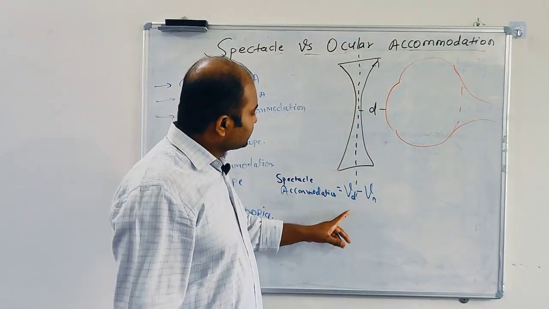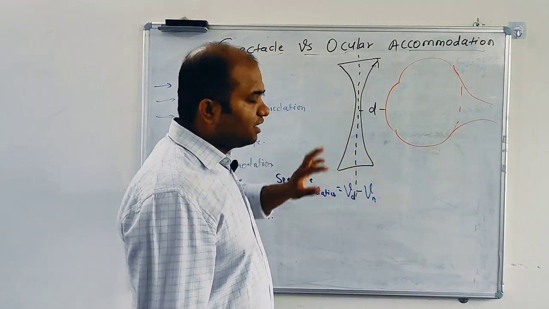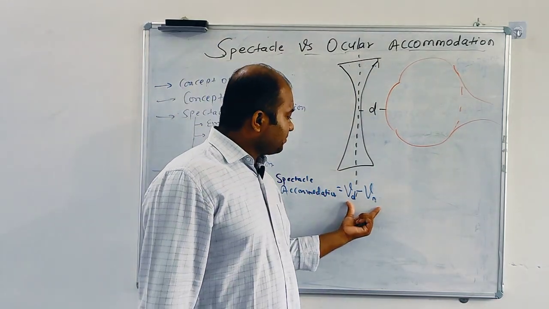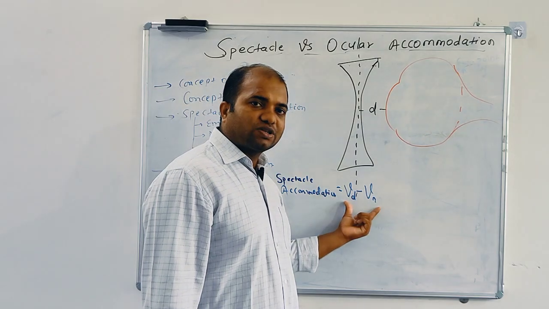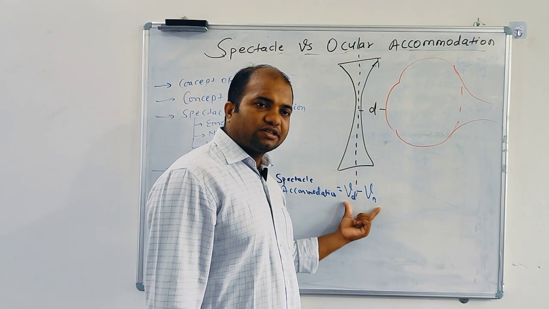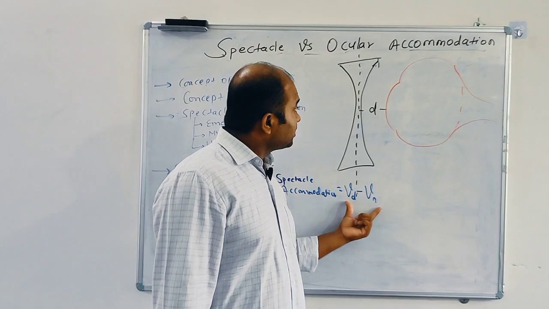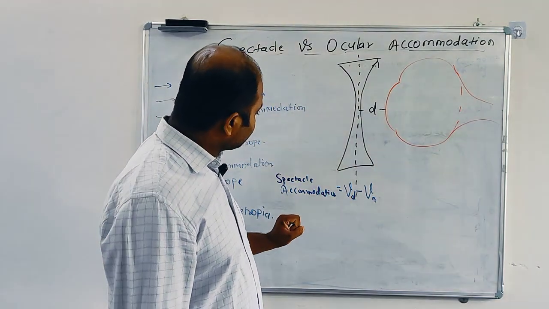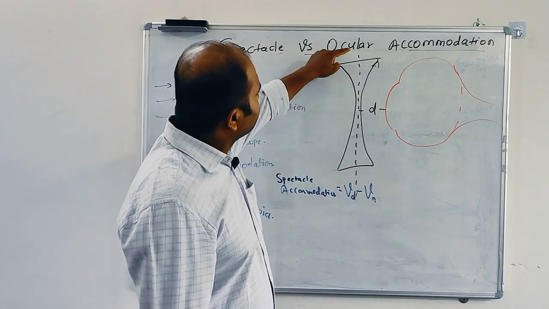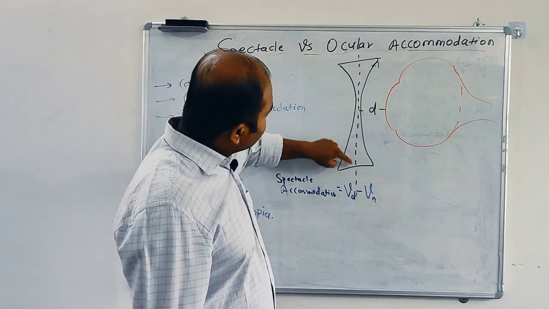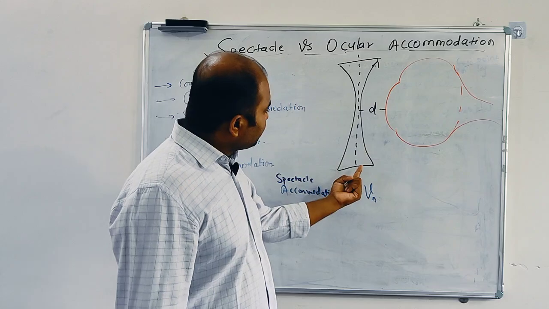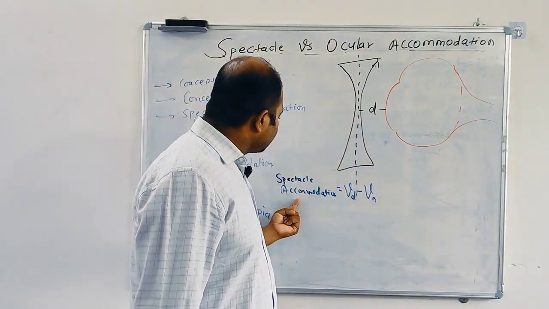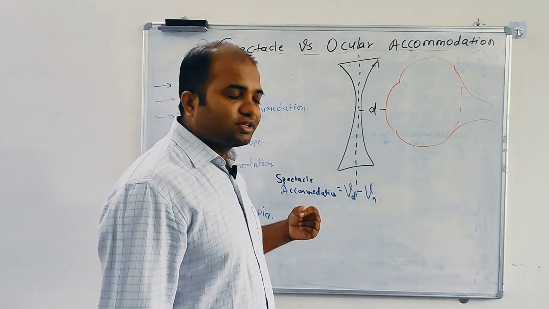That vergence difference is known as the spectacle accommodation. This is a common formula, it applies to spectacle accommodation as well as ocular accommodation. The only difference between both is that this is the spectacle plane, right? So if the measurement is taken from the spectacle plane, it should be called spectacle accommodation.